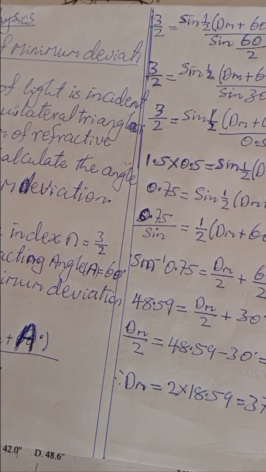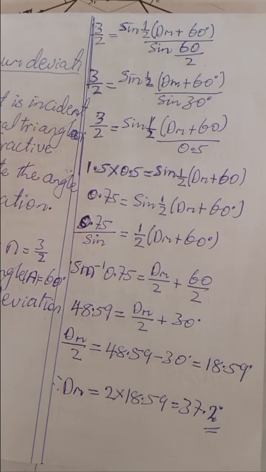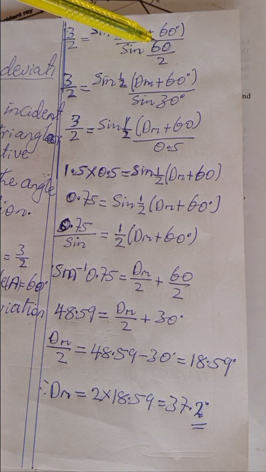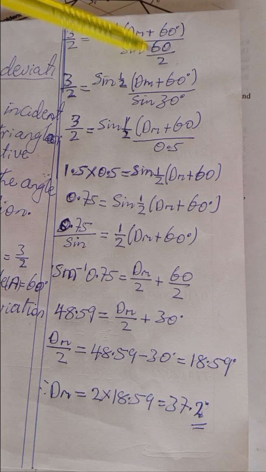Now, if we continue, refractive index has been replaced with 3/2 is equal to sine half bracket dm plus A, where the prism refracting angle A has been replaced with 60, all over sine 60/2.